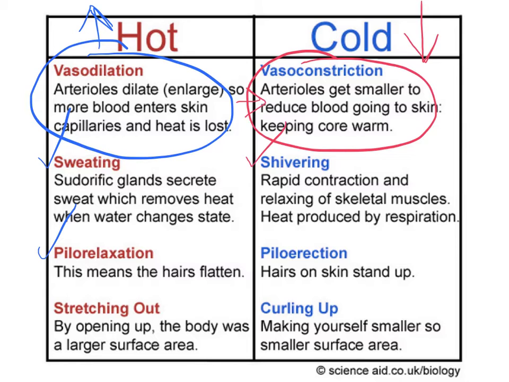So we have a neat adaptation of shivering, which is this rapid movement of our muscles, and then the byproduct of those processes that produces heat, which will then keep our body warm. And then again, for animals with fur, we can make our hair stand up, and what that does is that traps warm air to our body, which will keep us warm.